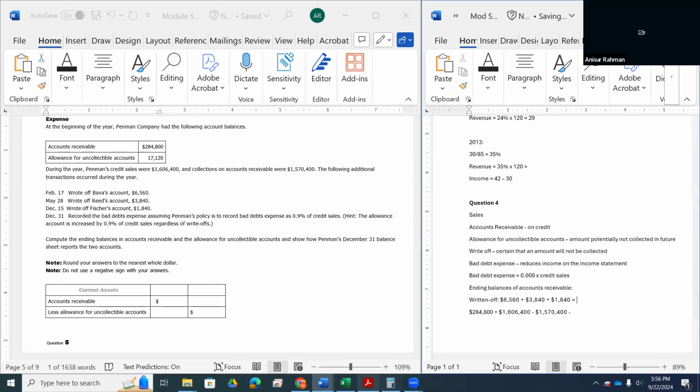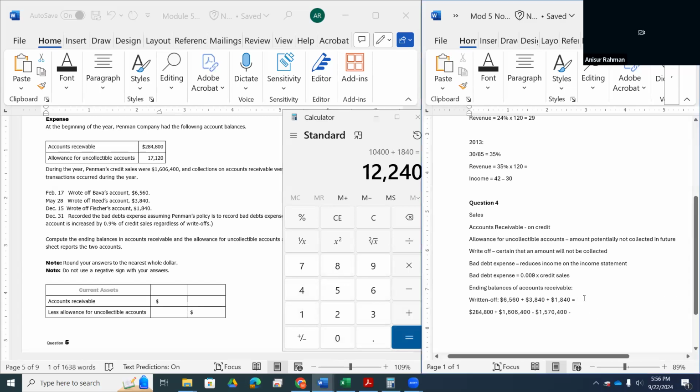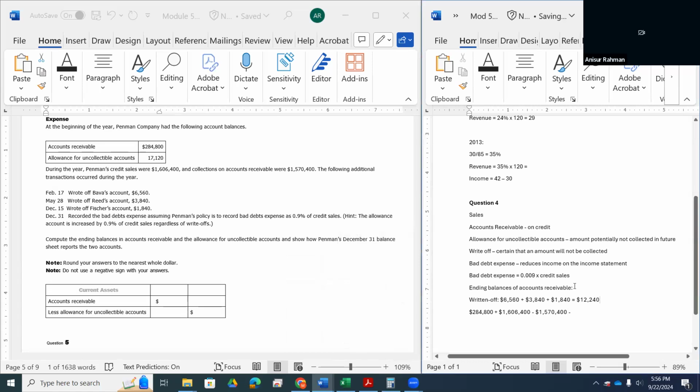So let us add all these numbers. So this is the amount that was written off. That will also reduce our accounts receivable.